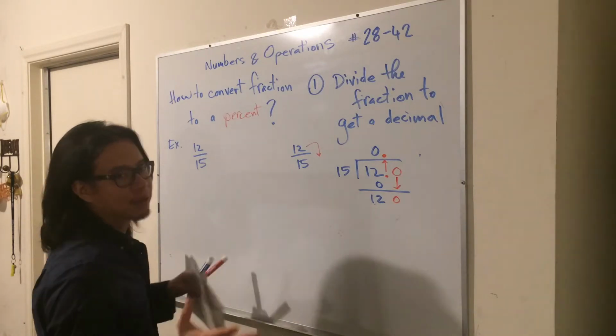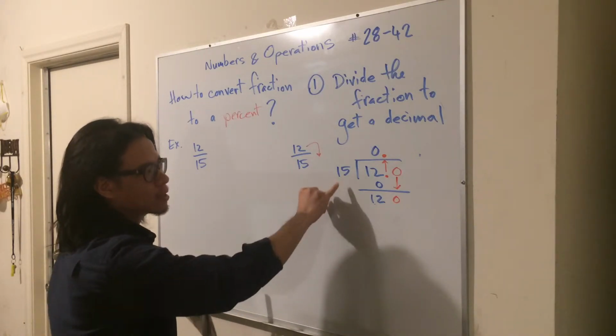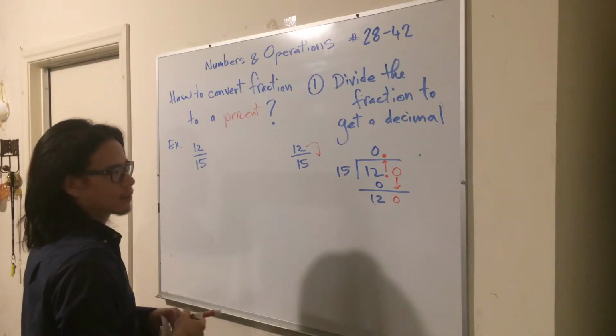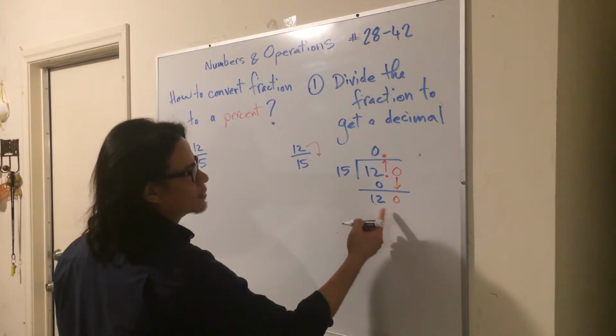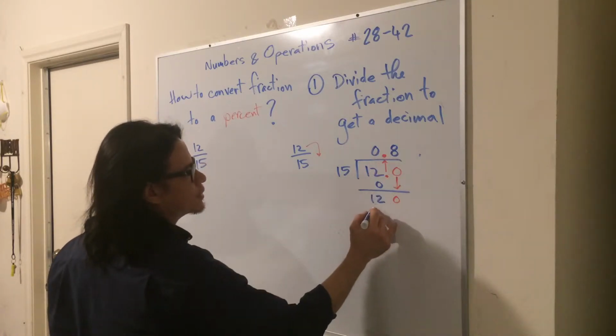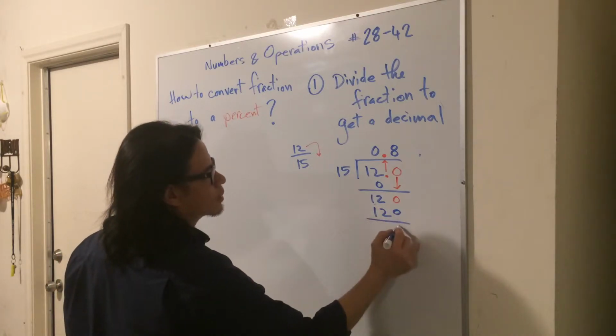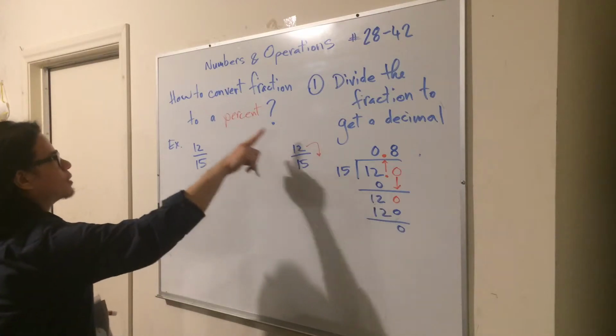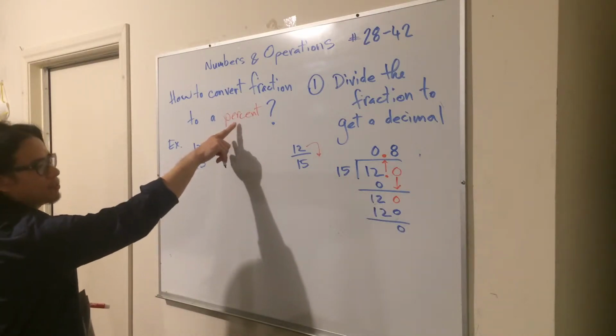I don't know this. Your calculator does. So take 15 times what will give you 120. It turns out that 15 times 8 gives us 120 with no remainder. You have a decimal number there, but the question asks you for a percent.